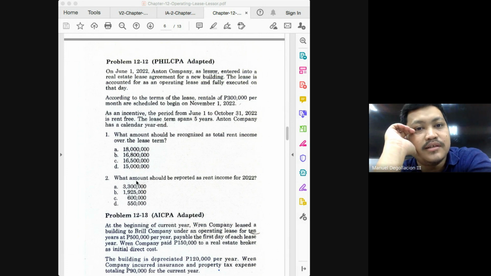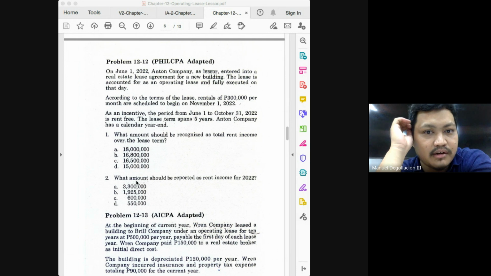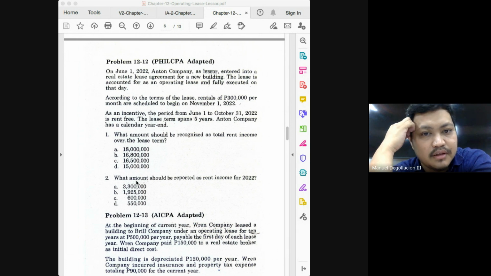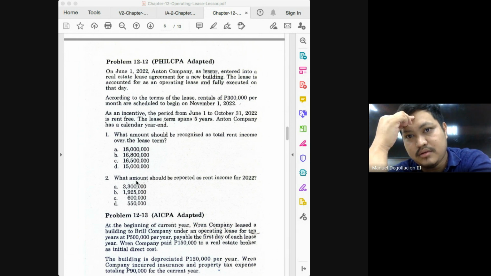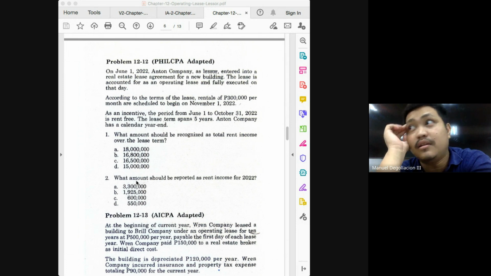According to the terms of the lease, supposedly every year you will have 3,600,000, and then multiplied by 5, how much is 3,600,000 times 5? 18 million.